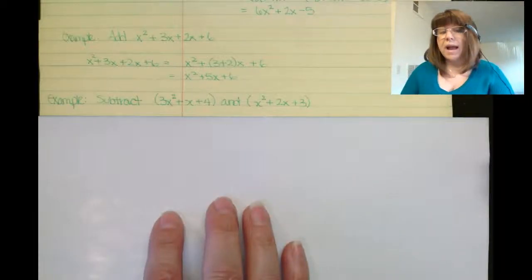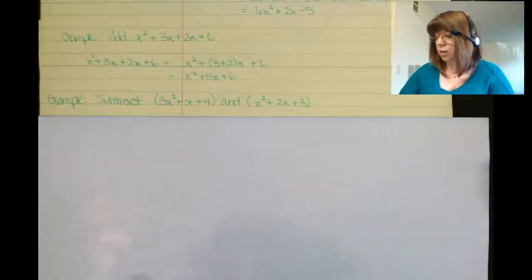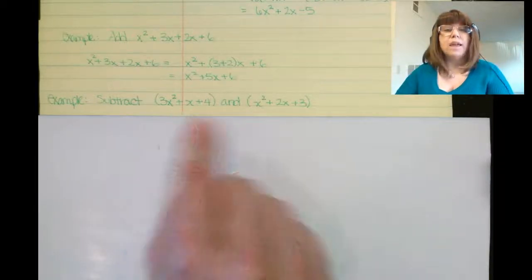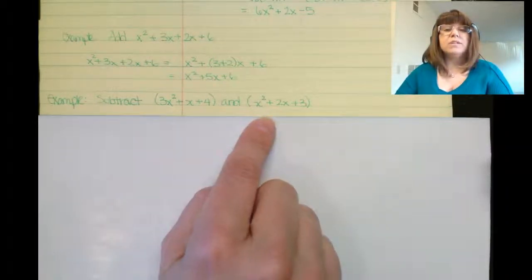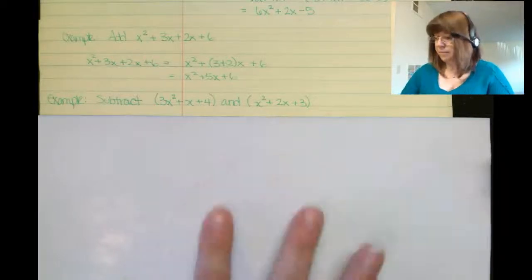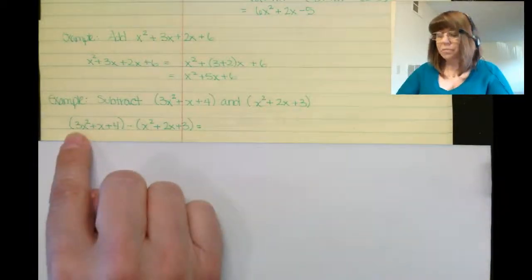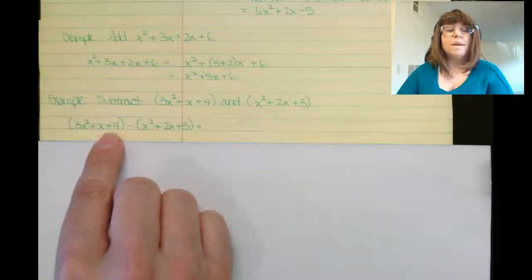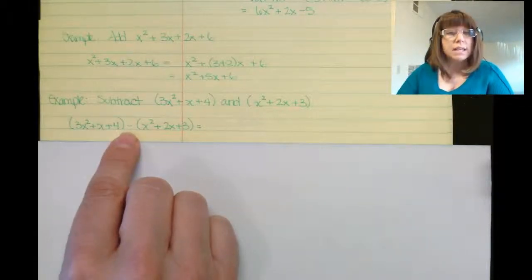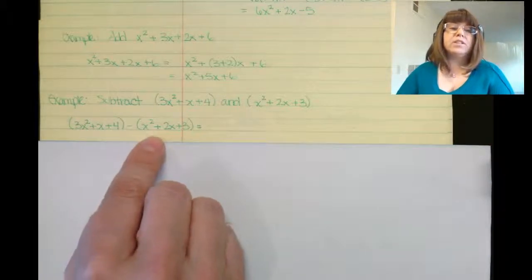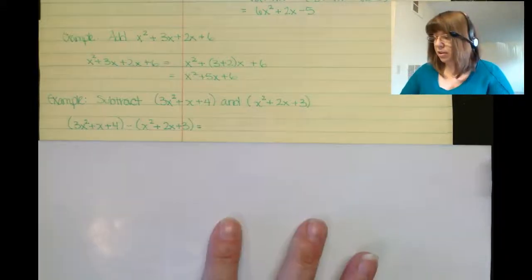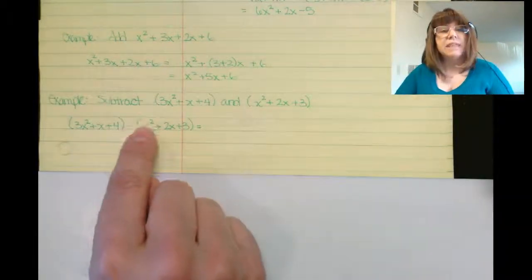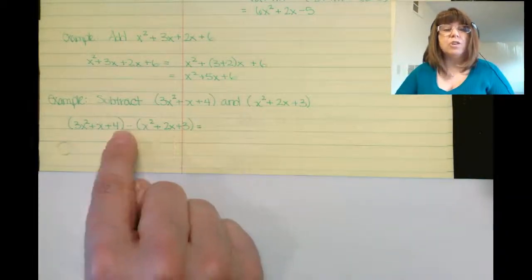Let's work with subtraction. So let's subtract the two trinomials, 3x squared plus x plus 4 and x squared plus 2x plus 3. So here's my setup. 3x squared plus x plus 4 minus the quantity x squared plus 2x plus 3. Now the first thing you need to remember is we need to distribute this negative across each of the terms.